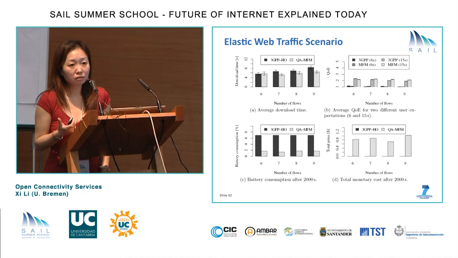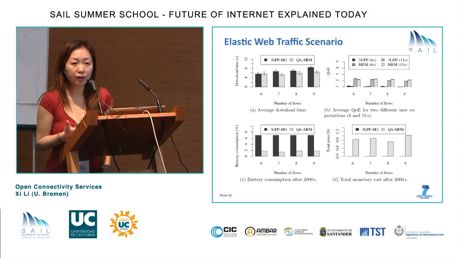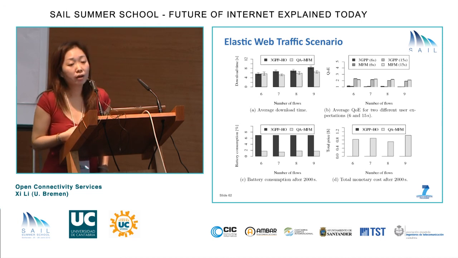And due to the behavior of the web traffic, which has on and off periods, our proposed approach can suggest to switch off the connections when they are not needed. However, in the traditional way, the connection will always be active. And in that case, the power consumption will be higher than the one we are suggesting.